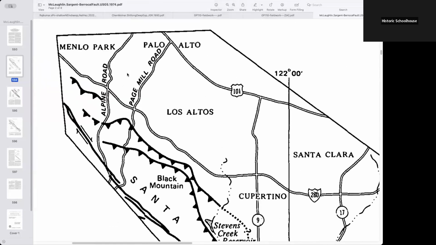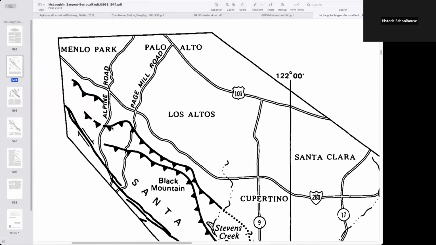You can see that his map only just extends into our area, but that is the basis on which I suggested that he would have mapped this fault as a thrust fault dipping back into the San Andreas. Thus, in a cross section here, the San Andreas would have thrust faults like this that would dip back in. I suspect that's the model he had in mind, his mental model of what we were looking at.